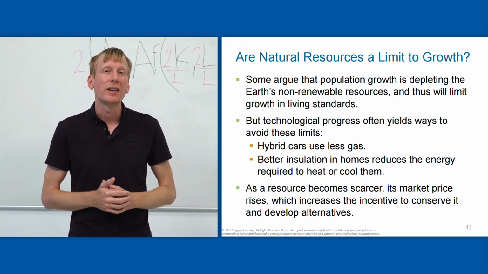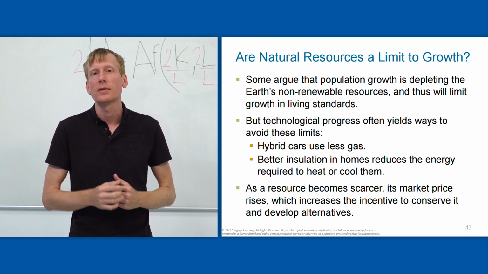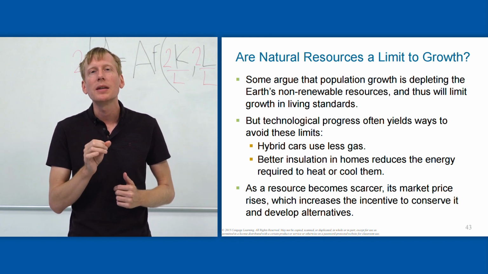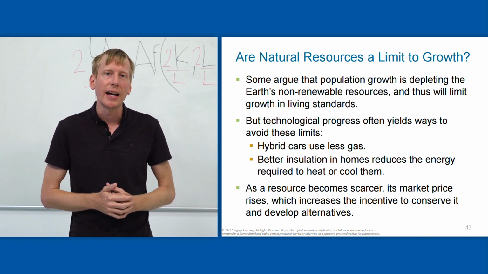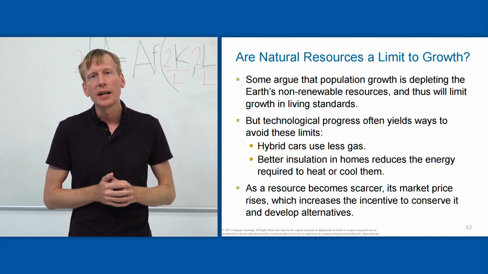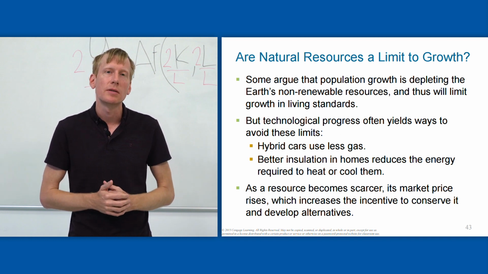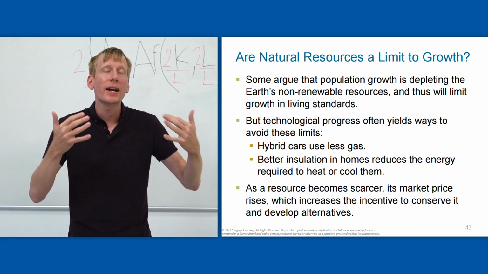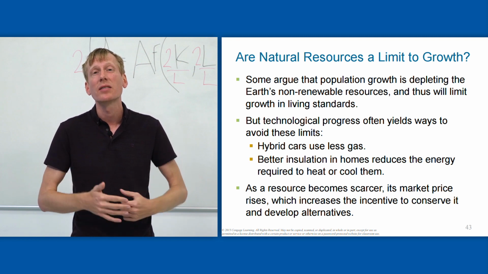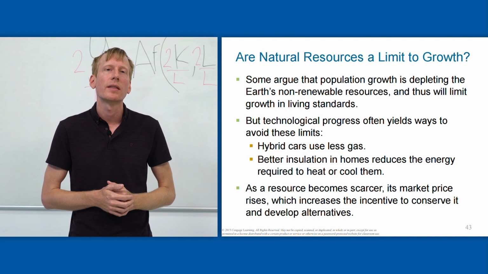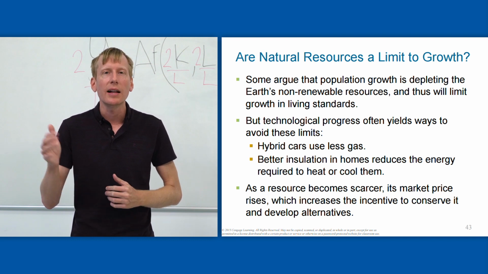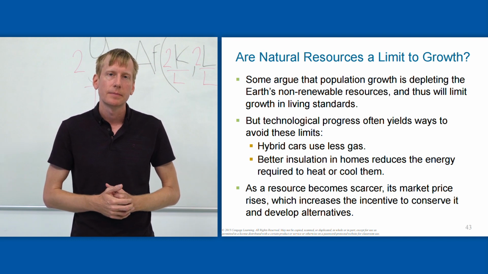Another school of thought would argue that for some certain resources, we may simply not be able to find a substitute, even if the price becomes very high. And for those resources, if we simply can't find a substitute, the price becomes very high, we're not able to consume very much, and our standard of living will be reduced. It may not affect our GDP in the same way that it affects our standard of living if the value of that output is high.